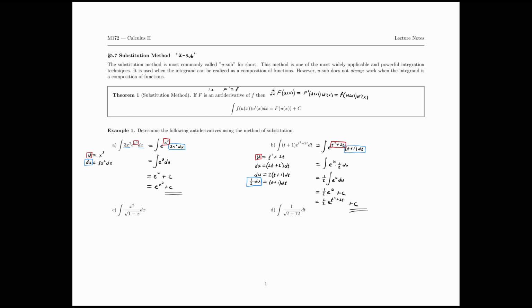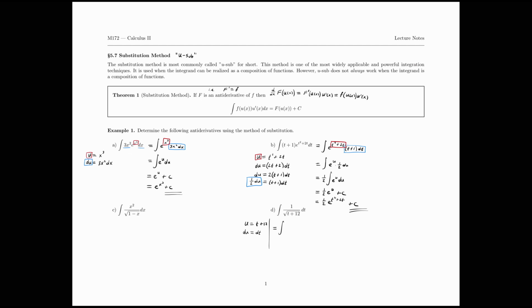Okay, moving on to part D. So we can do a u substitution here. Again, identify the inside function and use that for u. So then we will have du equals dt. So this integral here, I'm going to continue below instead of to the right since I don't really have much room here.